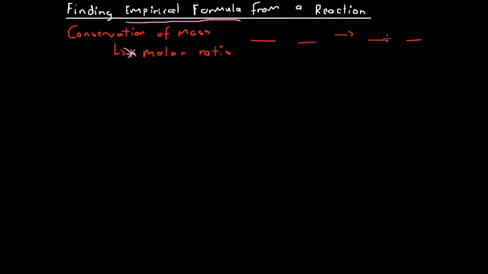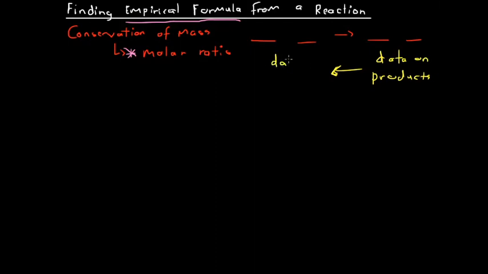We use that idea in this process to find empirical formulae of reactants from the data of products. So if we have some data about products here, we can use this data to figure out more data on reactants, just like in any stoichiometric context. Stoichiometry allows us to translate between the number of mole of reactants and the number of mole of products and vice versa.